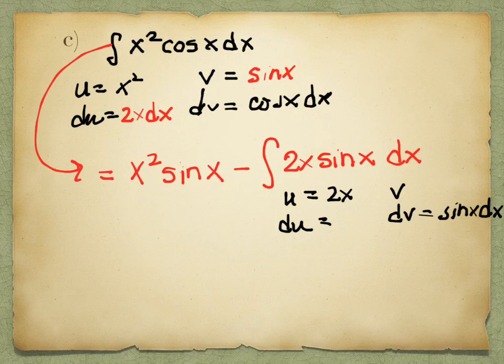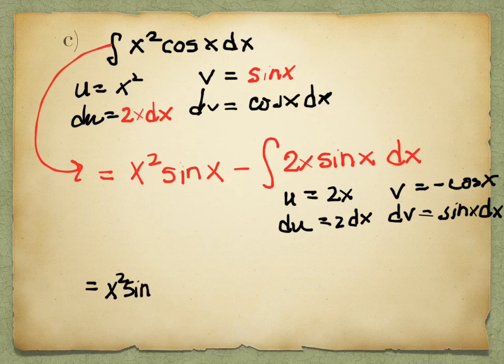Okay, then, what is du? 2 dx. Oops, wrote the wrong one. What is v? Negative cosine. It is negative, yes. Negative cosine x. Okay, so I've still got the x squared sine x in front.